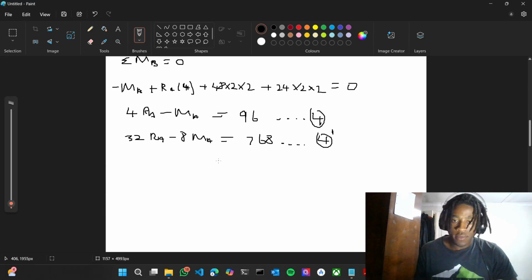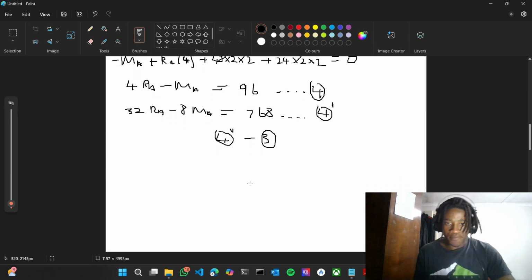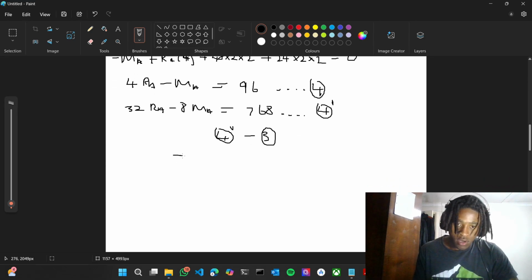Now let's subtract equation 3 from 4 prime. That's going to be 32 RA minus 8 MA, which is equal to 768 minus 32 over 2.